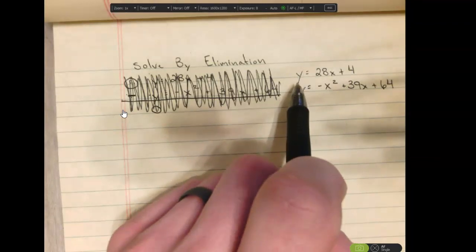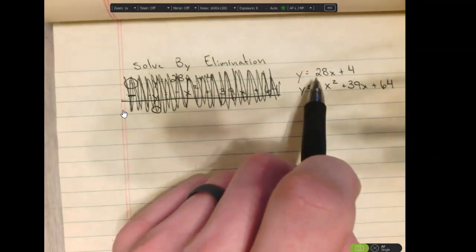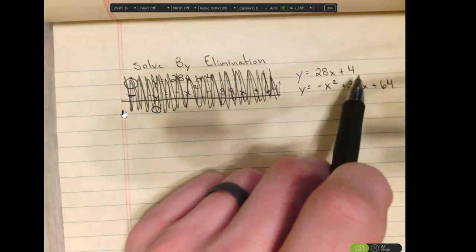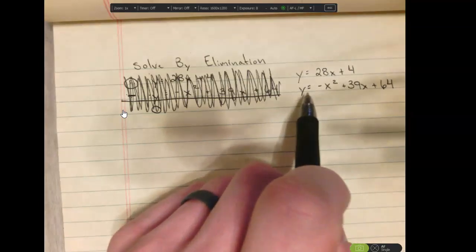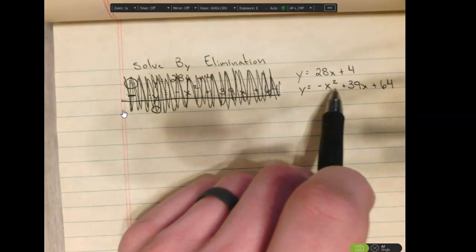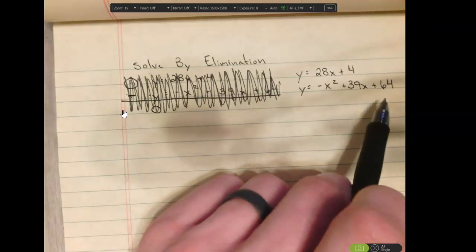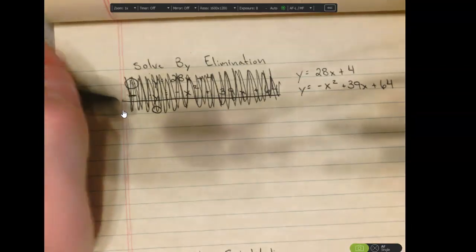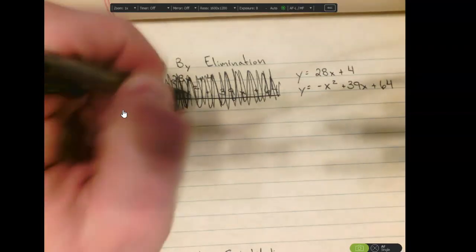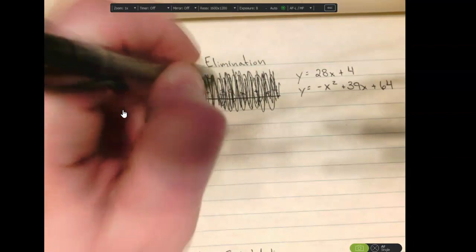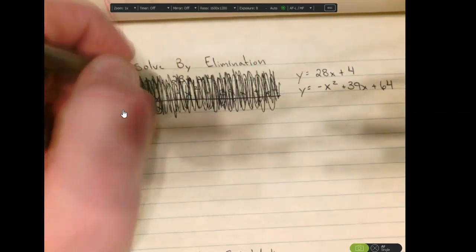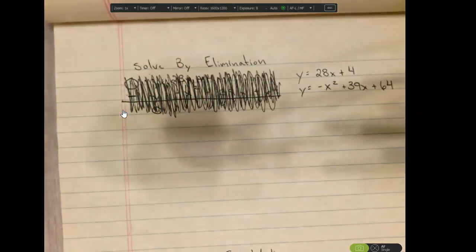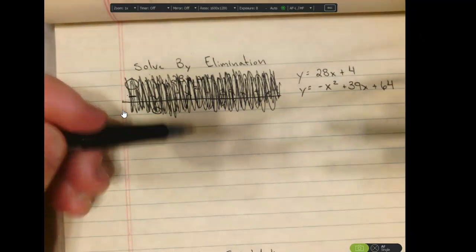With the elimination method, I have y equals 28x plus 4 and y equals negative x squared plus 39x plus 64. Whenever we eliminate, we're going to add or subtract these two equations together. Whenever we do, we need to have one on top of the other.